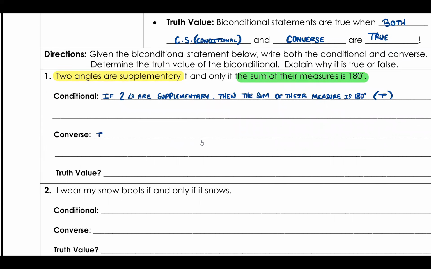So now, if the sum of two angles is 180 degrees, then what? They are supplementary, yes, sir.